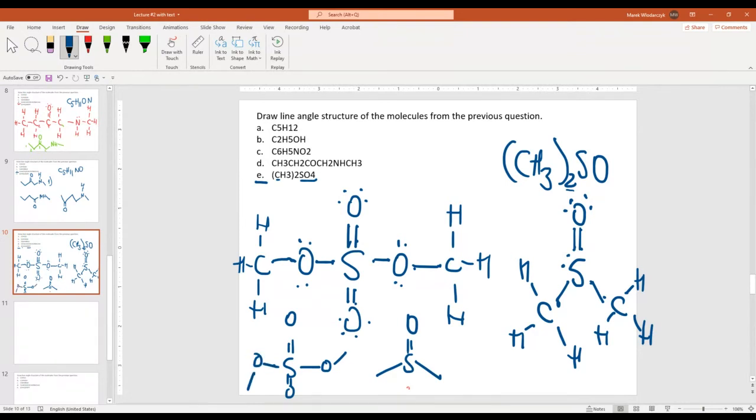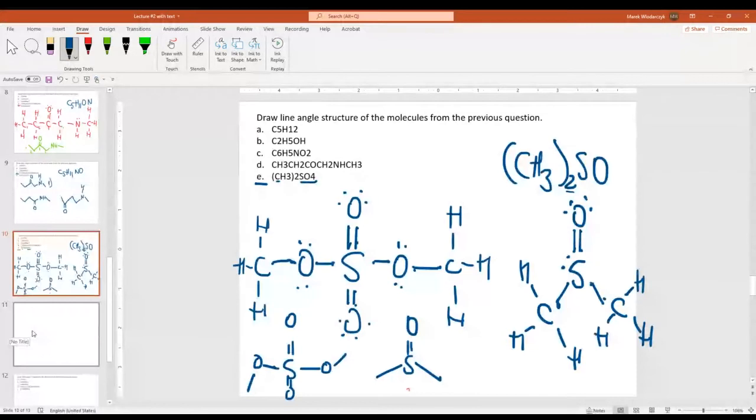The only thing you need to do is get rid of the methyl groups, because the rest has to be shown in line angle formula. When you draw line angle formulas, you only abbreviate the carbons and hydrogens. Heteroatoms remain the same, and of course you need to show double bonds, triple bonds, and whatever other bonds are present there.